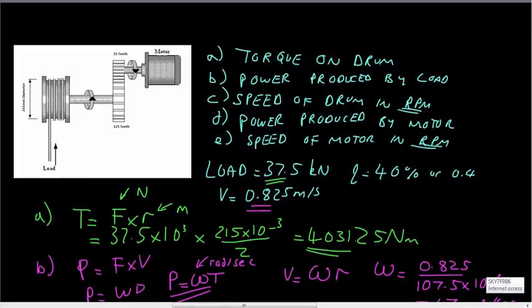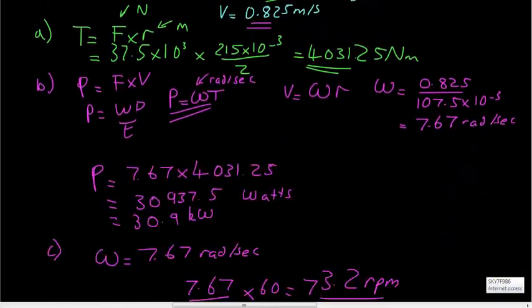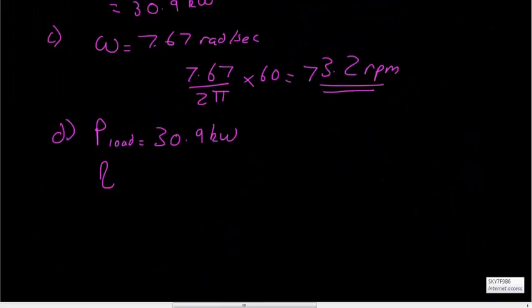Then we wanted the power produced by the motor. Okay, so we know that the power produced by the load was equal to 30.9 kilowatts. We were told at the start that the system is only 40% efficient. That motor has to work a lot harder to get out an output of 30.9 kilowatts. So we know that efficiency is equal to power out over power in. We're trying to find our power in this instance.